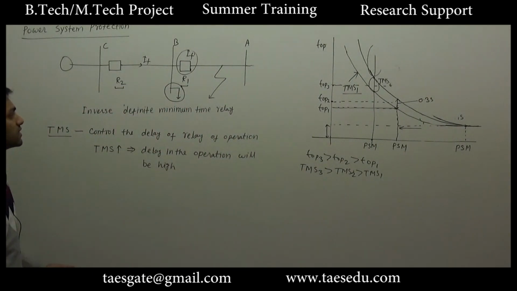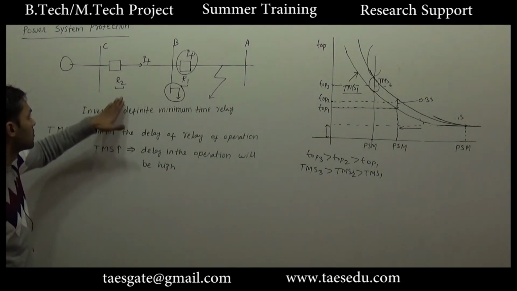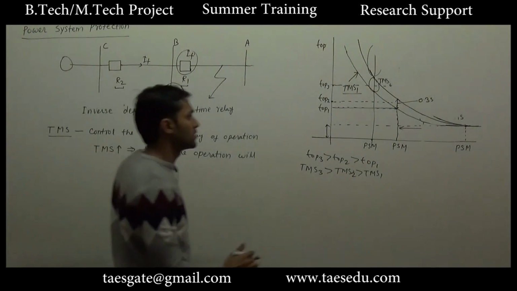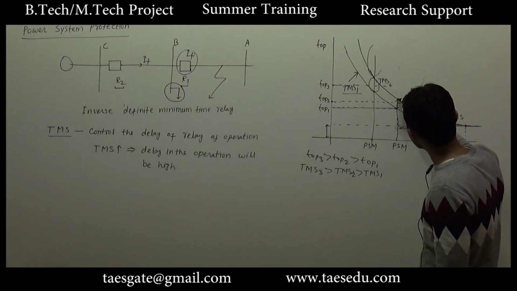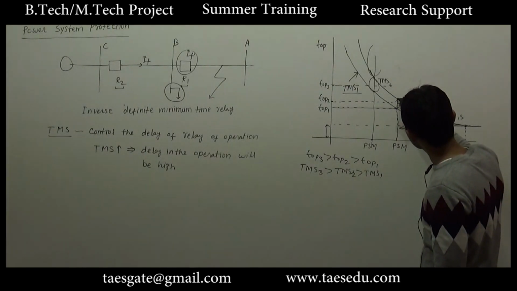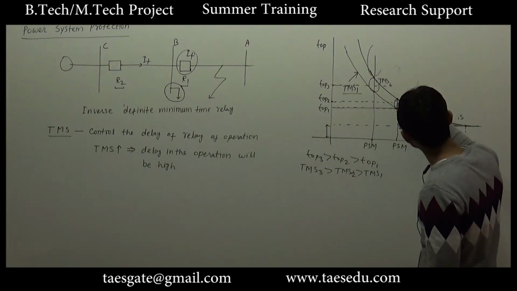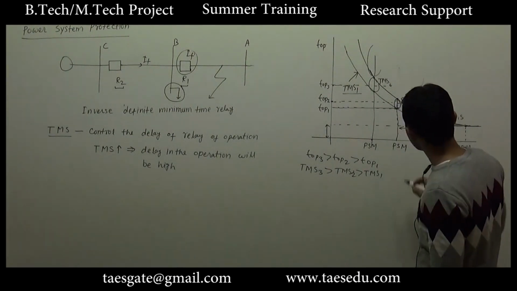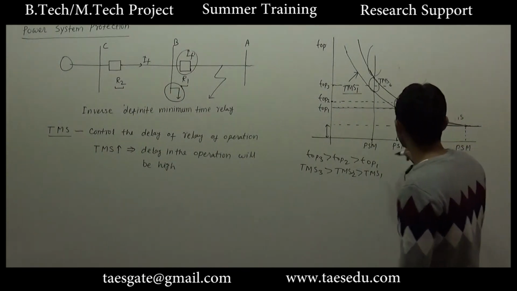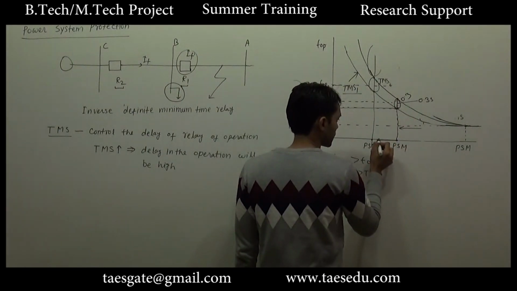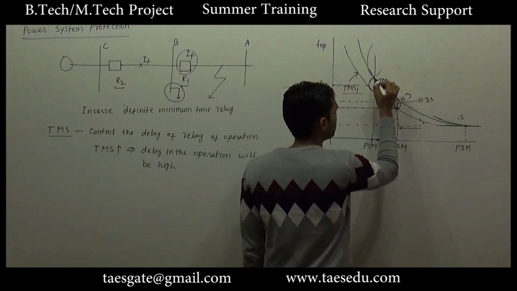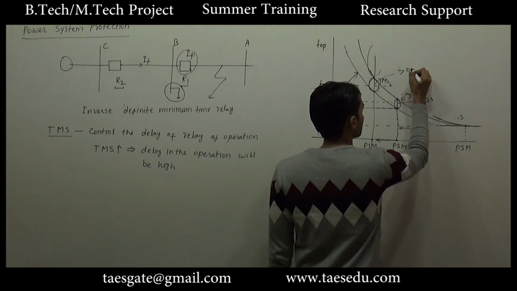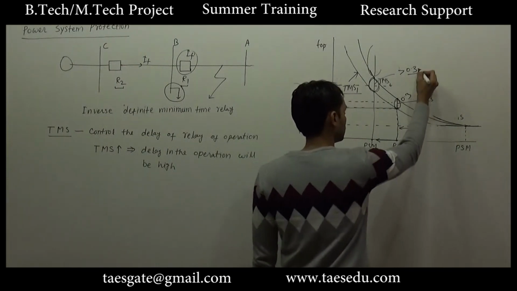We will set the different value of TMS for R2 and R1. Let's say this is corresponding to TMS for R1 and this is corresponding to TMS for R2, and let's say this gap is 0.3 second for a particular PSM. Now if you will move in left direction, this gap will be greater than 0.3 second.